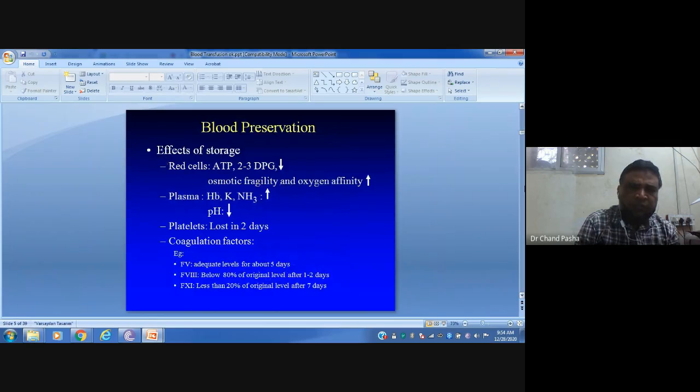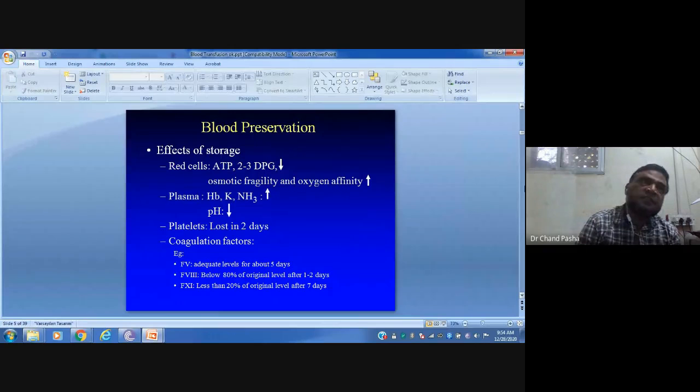So generally, when you store the blood, in the normal case, the ATP and DPG get reduced, the fragility of the cells increases, and sometimes HB also shoots up because water is removed from there. Ammonia and potassium also get increased.